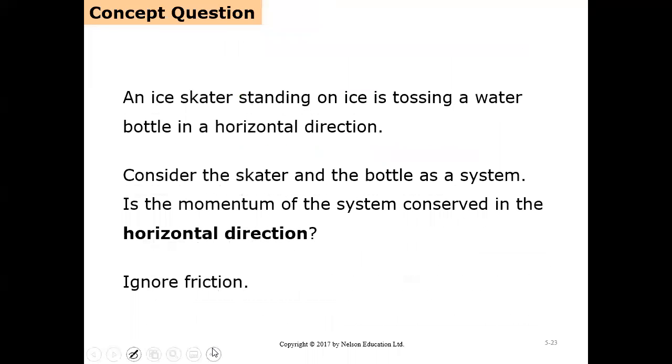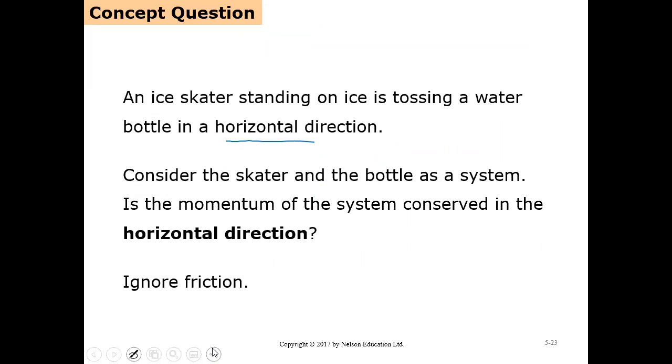Okay, right. So now we have a continuation, but with a small difference. The same problem, ice skater standing on ice, same scenario, tossing a water bottle, but in a horizontal direction instead of the vertical direction.